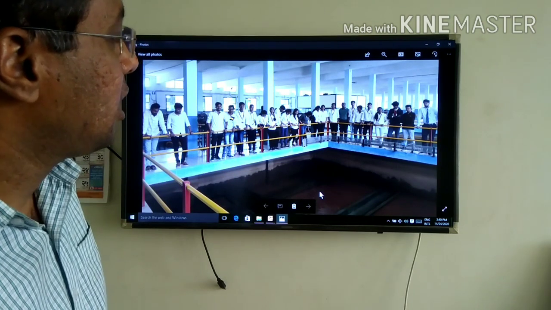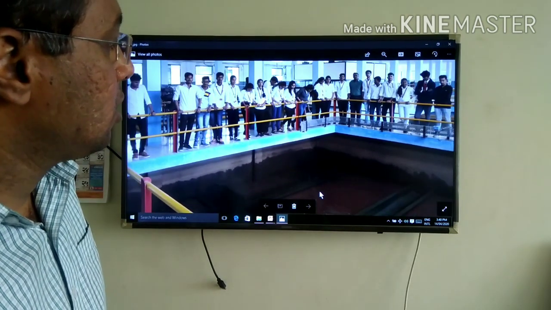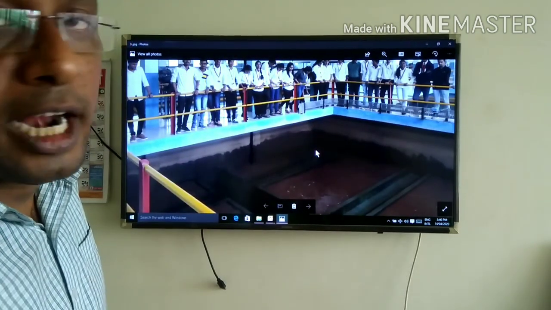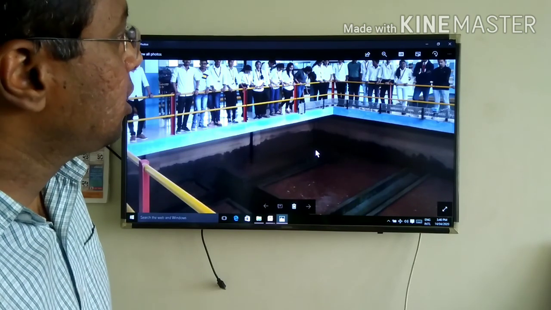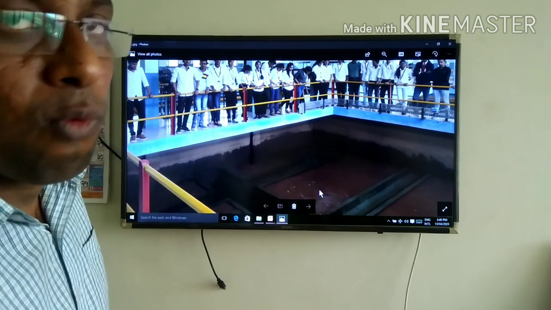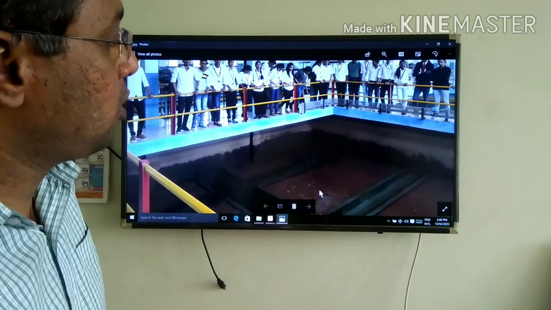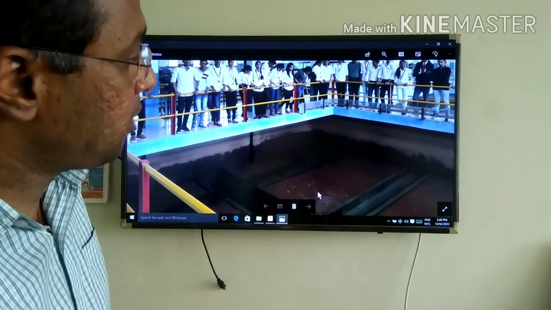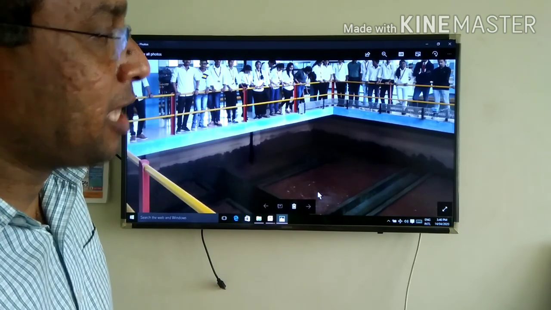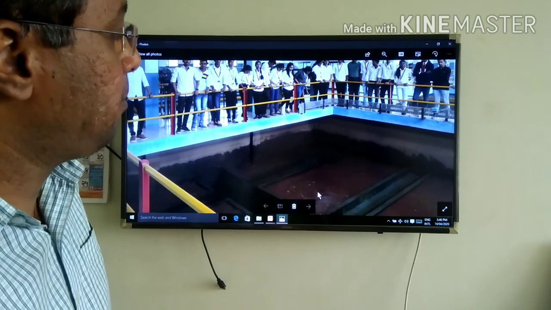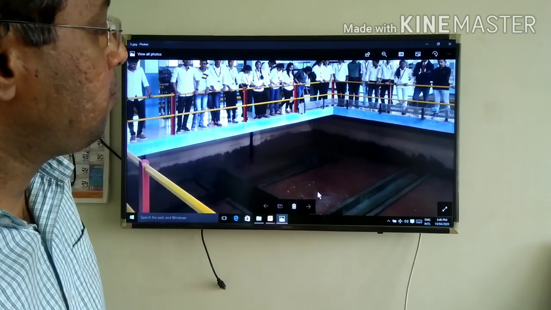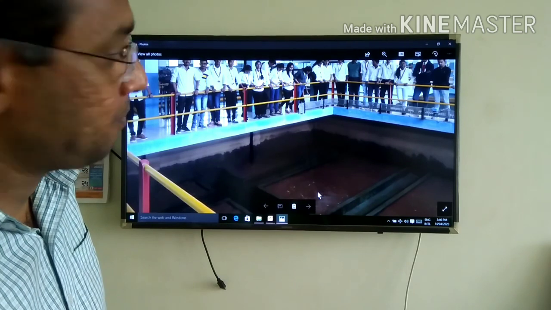After that, the backwashing process is stopped. That means the air and wash water are forcefully pressurized under this sand bed, and then backwash is done.